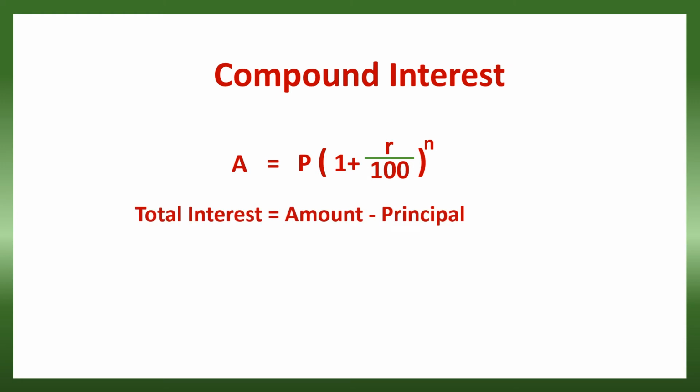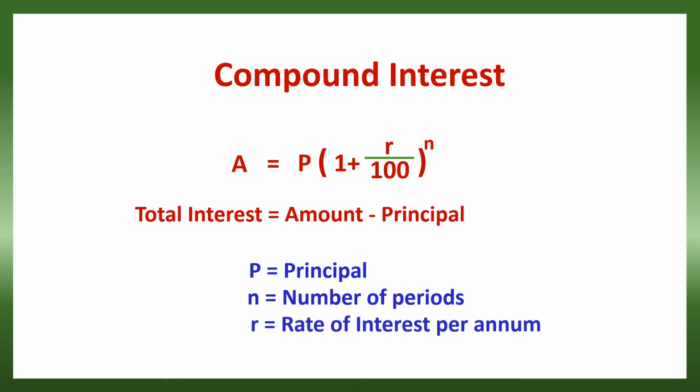So for finding the interest, we have to subtract the principal amount from the total amount. So interest is equal to total amount minus principal. And P is the principal in the formula. N is the number of periods. R is the rate of interest per annum. Using this formula, we can find the total amount as well as the compound interest.